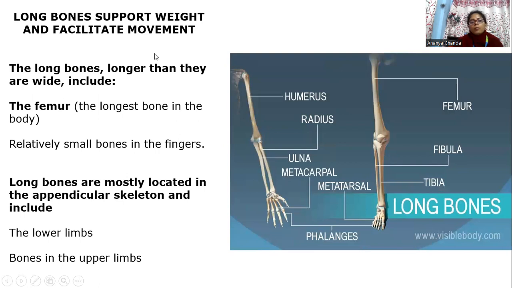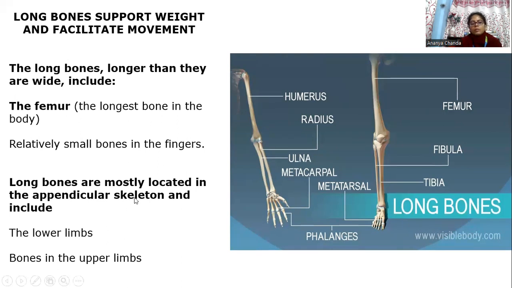Then come the long bones, which support weight and facilitate movement. Long bones, for example the humerus and femur, help support the whole body weight and facilitate movement. The long bones are longer than they are wide and include the femur. The femur is the lower limb bone which is considered the longest bone in the body.